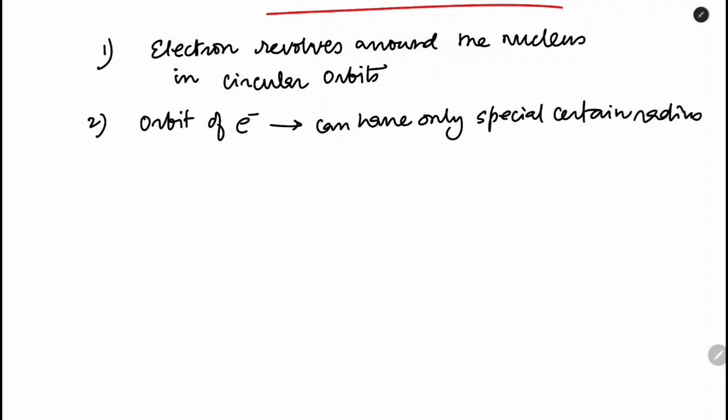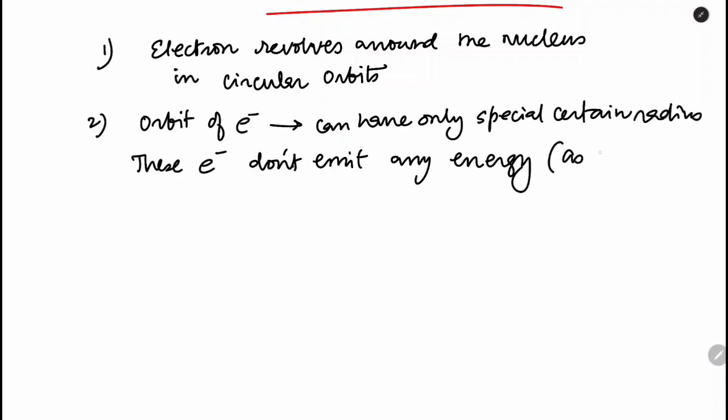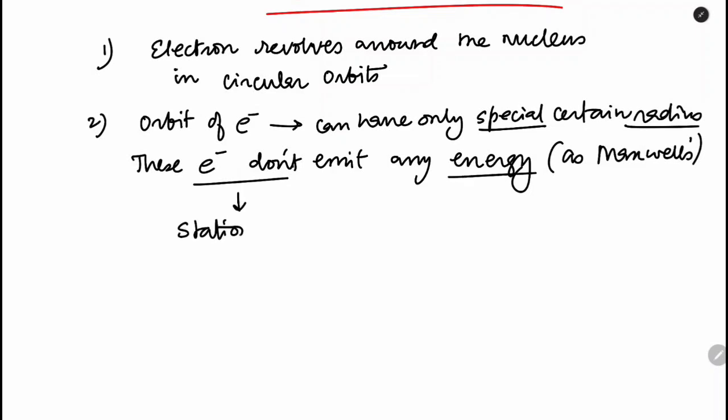He also says these electrons don't emit any energy as per Maxwell's equation. Maxwell says that if there is an accelerated particle, it would emit electromagnetic waves, but Bohr says in certain values of radius, the electron doesn't emit any energy, and he called them stationary orbits.